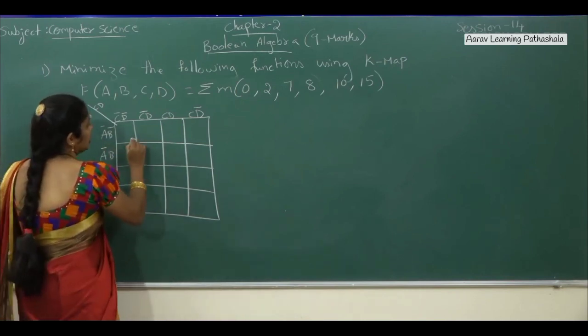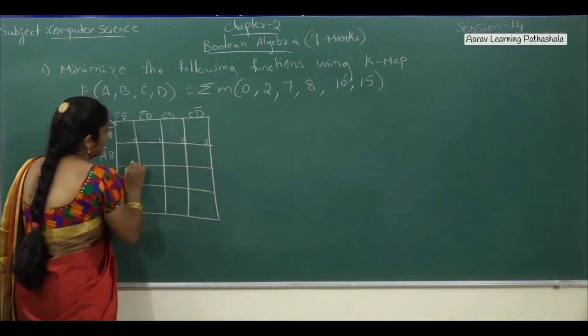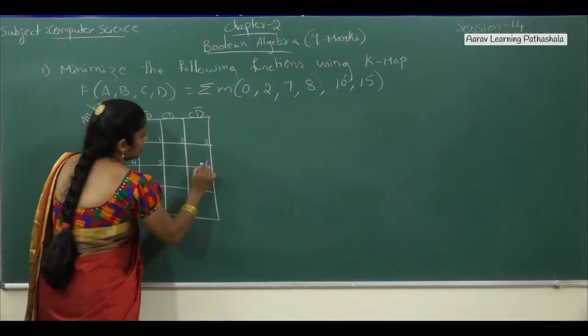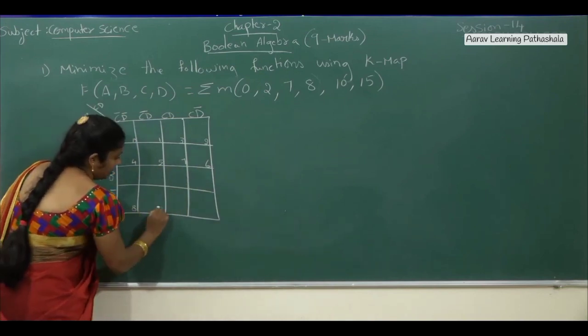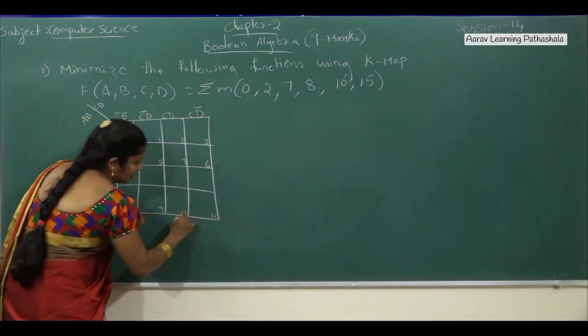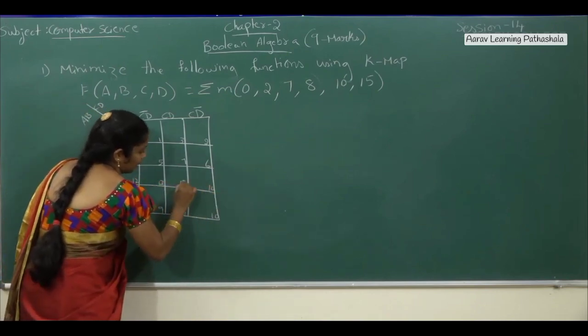Then write down 0, 1, single jump it will take, 2, 3, 4, 5, 6, 7. Once again the third row takes a single jump, 8, 9, 10, 11, 12, 13, 14, 15.